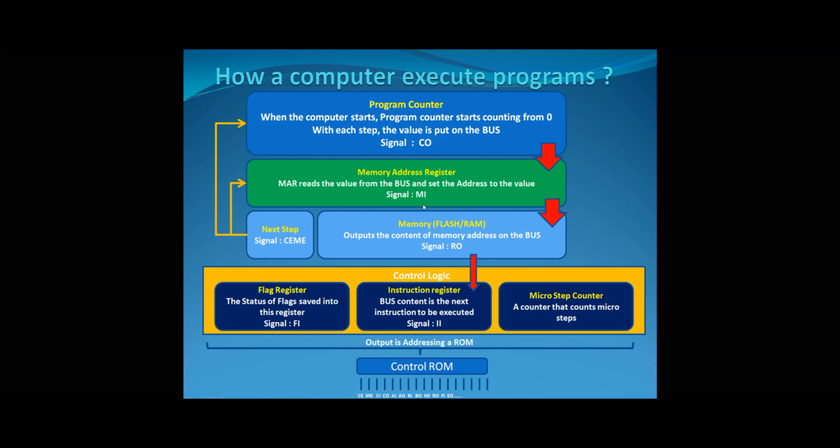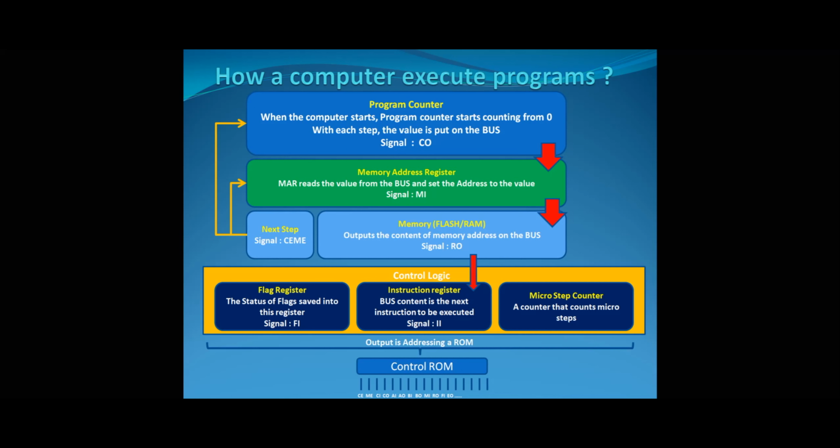Now the point is that after doing all of these steps, what we have here is really a value in our memory that needs to be put on the bus, and that's done through RAM out. However, that value in the memory could be either an instruction or data.